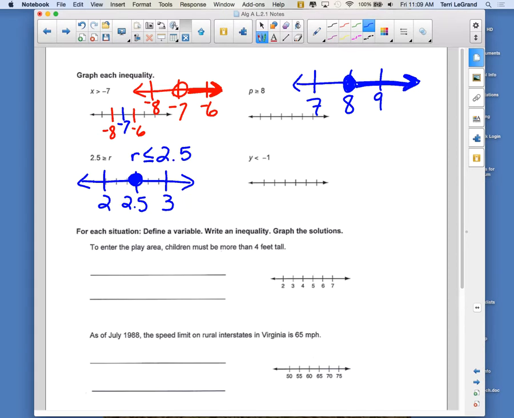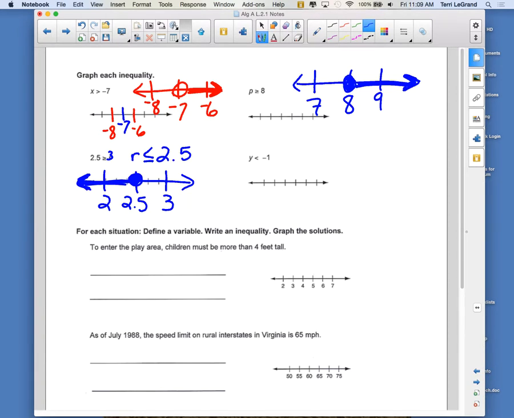So if we shade it to the right, let's see if it makes it true. I'm going to pick 3, because 3 is to the right. Is 2.5 greater than 3? No. Is 3 less than 2.5? No, it doesn't work. So we need to shade to the left.